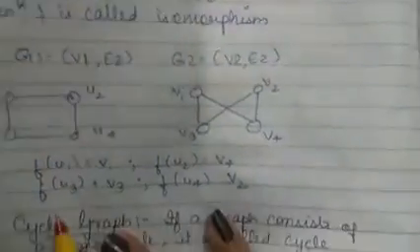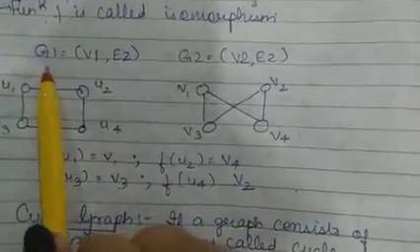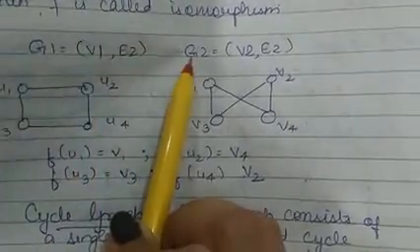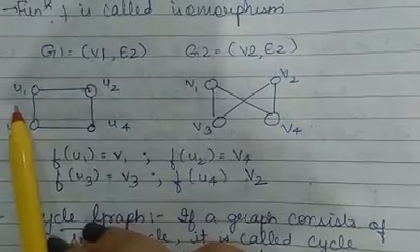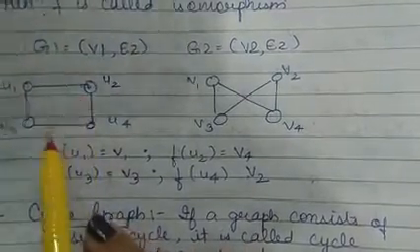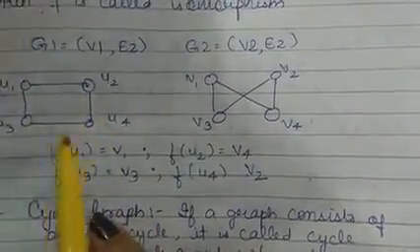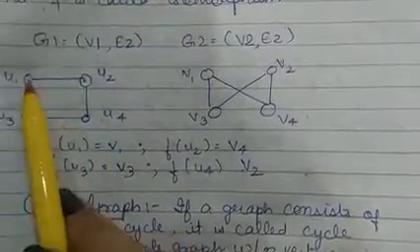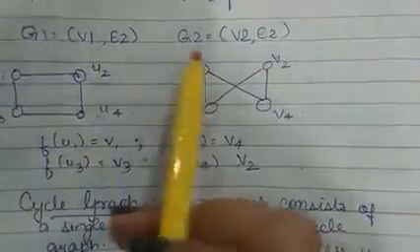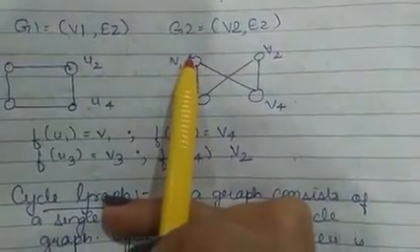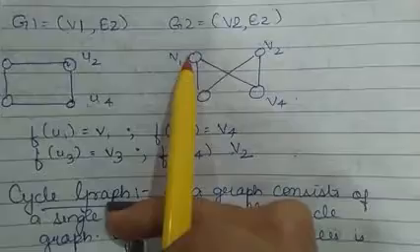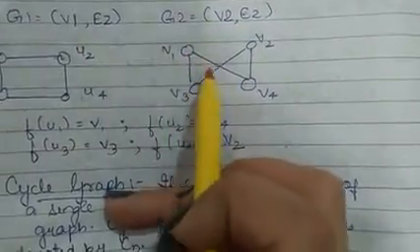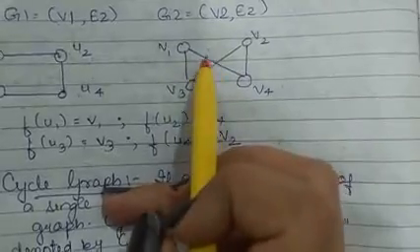Here we have an example where we have G1 which is equal to (V1, E1), G2 is equal to (V2, E2), with vertices U1, U2, U3, U4. We have four vertices and these are the four edges that are present between these four vertices. Here we have graph 2 which has four vertices V1, V2, V3, V4, and there are some edges present in between them.